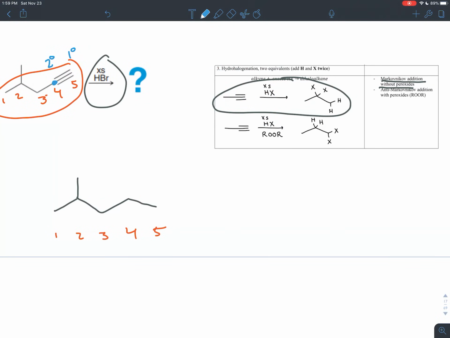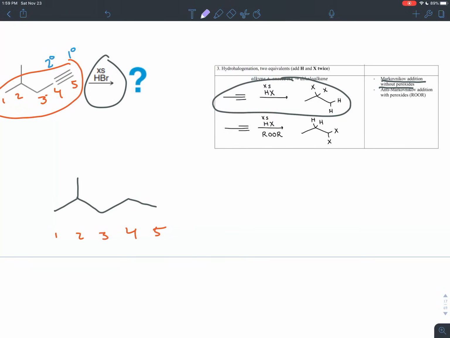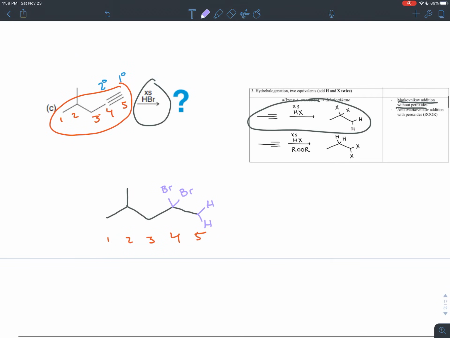This is bonded to 2 carbons. And so the 2 hydrogens that you add here will go at the end. And the bromines will go on the more substituted carbons. And the reason for that is because these carbons allow you to form the more stable carbocations in the mechanism, which we drew above.